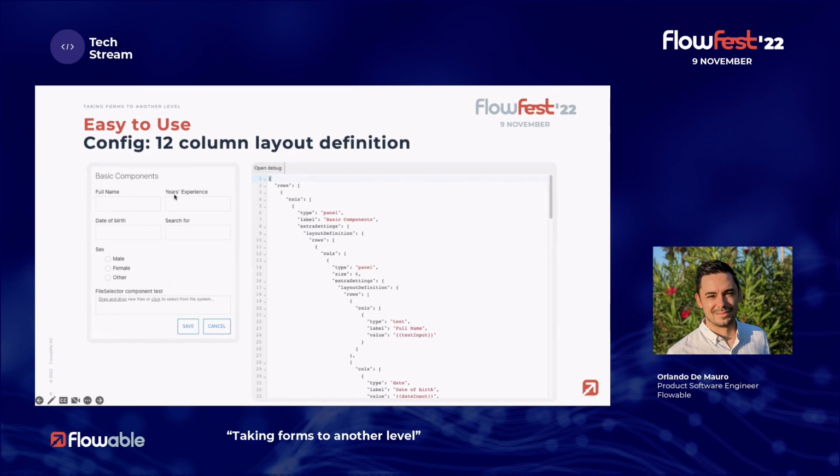On the left, you can see the final result, what the form will render. And on the right, you can see the structure of the object that we are passing to the form engine. As you can see, we can define an array of rows, and then we have each columns, 12 columns. And then inside, we can define the layout that can contain other rows and columns.